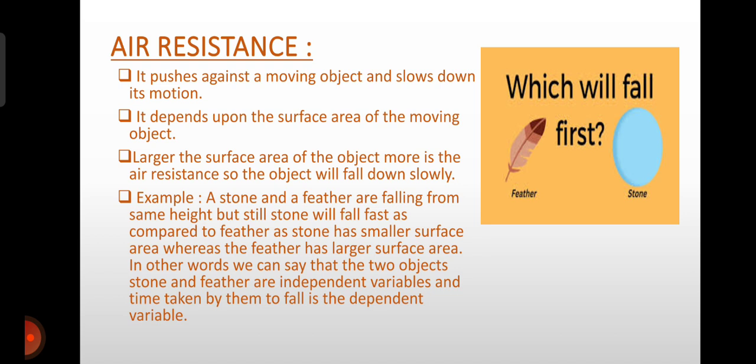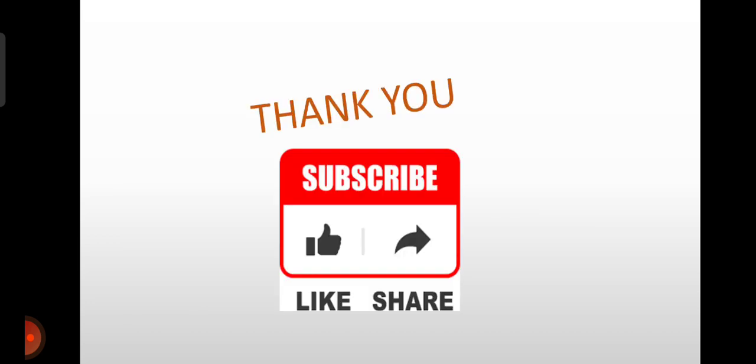In other words, we can also say that the two objects, feather and stone, are the independent variable. The time taken by them to fall is the dependent variable, because time depends upon the surface area of the two objects.